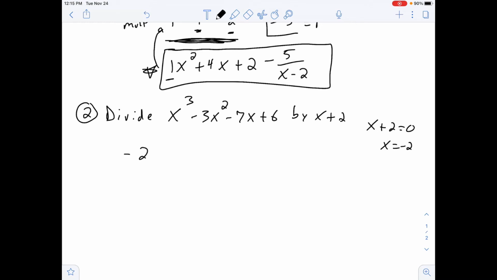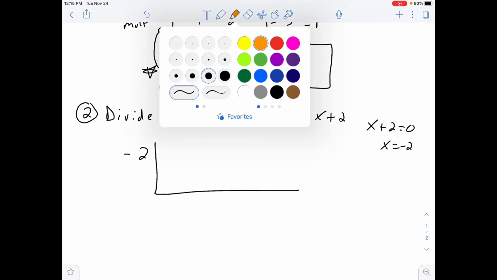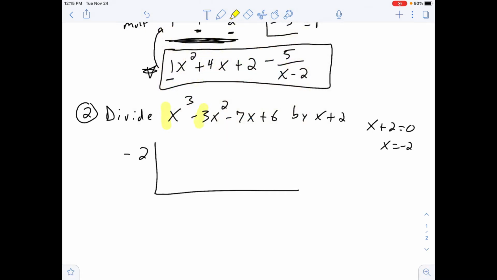So we do our upside down house with the negative 2 on the outside. We're going to use all of our coefficients. There's nothing missing. So we got a 1, minus 3, minus 7, and a 6.